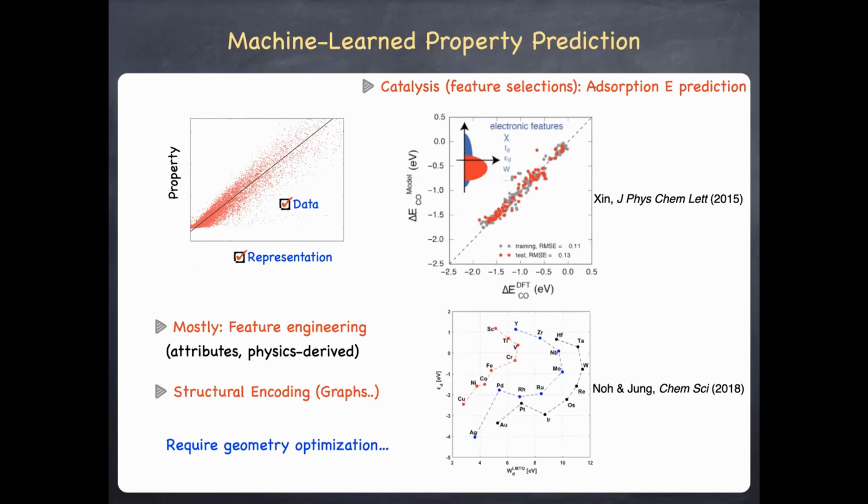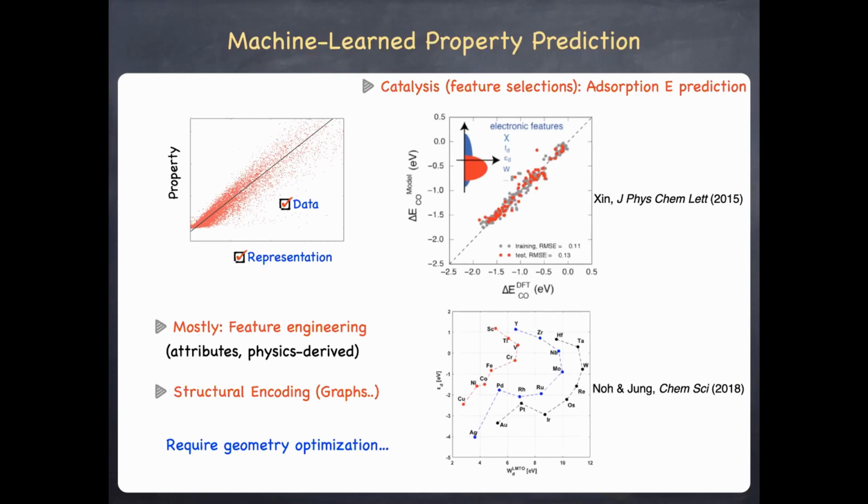Like I said, once you have the data, so in my talk, I'll assume that you are given data. And once you have data, the next step is to represent the molecules and materials. And depending on how you represent the molecules and materials, the prediction accuracy could dramatically change.